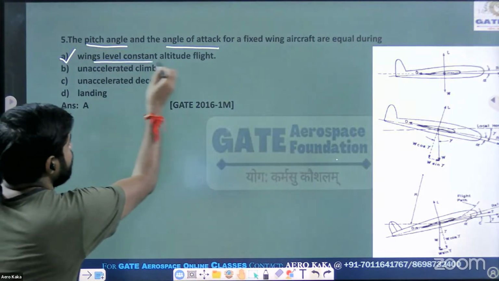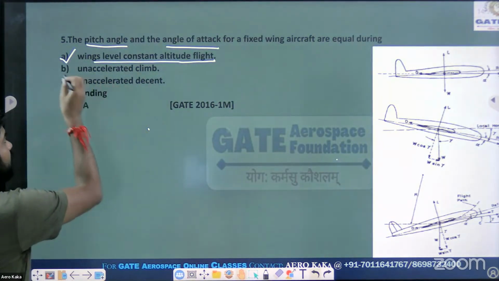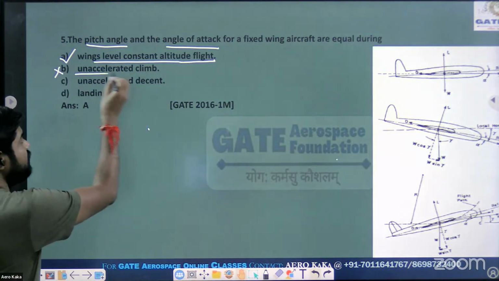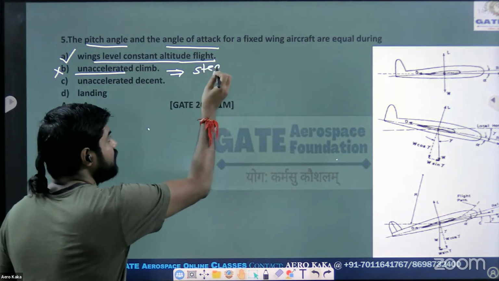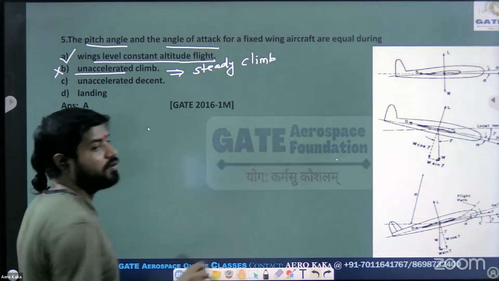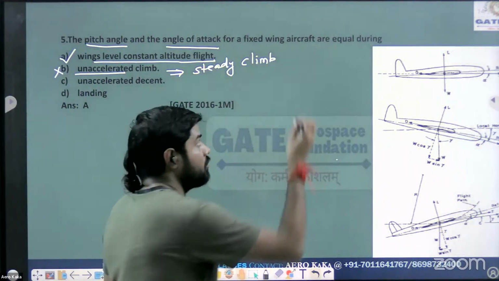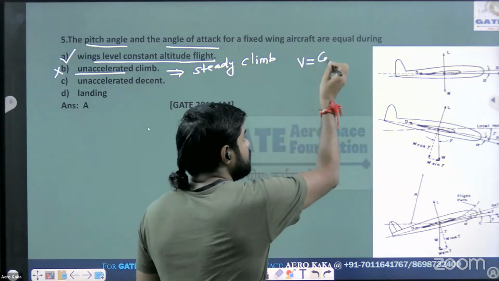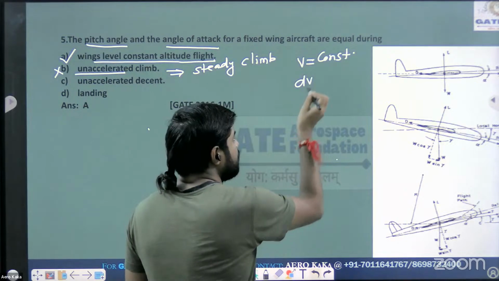Wings level, constant altitude flight, unaccelerated flight climb? No. What does unaccelerated mean? It's a steady climb, right? Please take care: a steady climb means the forward speed remains constant, or acceleration is equal to 0. It's very simple. If V is equal to constant, then what is the value of dV upon dt?